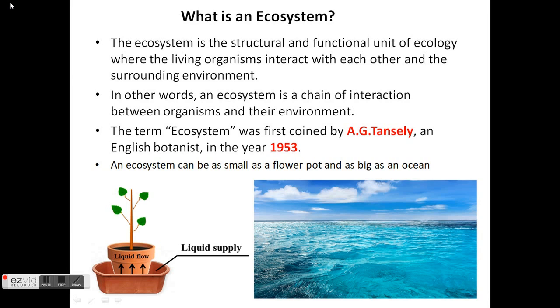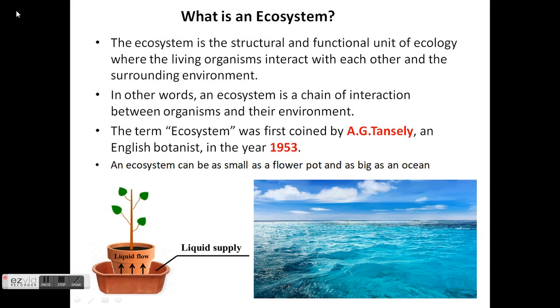Suppose you plant a flower in a pot. So basically there is interaction going on between living and non-living components. The plant can use water, it starts taking up nutrients, it starts its growth, and it will start making its own food in the presence of sunlight, taking in carbon dioxide.